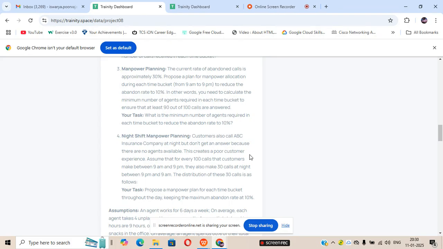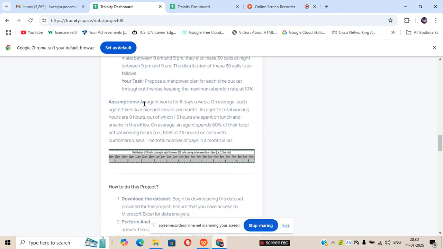They have given some assumptions, which is that an agent works 6 days a week. On average, each agent takes 4 planned sick leaves per month, and an agent's total working hours is 9 hours. Out of that, 1.5 hours are spent on break, which is lunch, snacks, and so on.